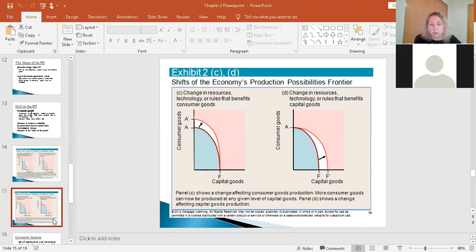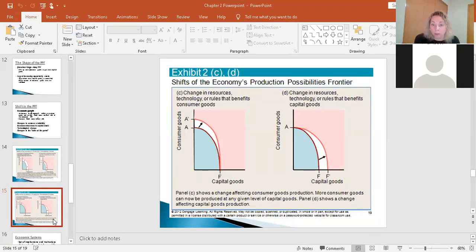that it is much more realistic when a PPF shifts that it will do it more in favor of one good than another. And that makes sense because the chances that we're going to see a change in a resource supply that is going to equally impact the production of both types of goods isn't really good.